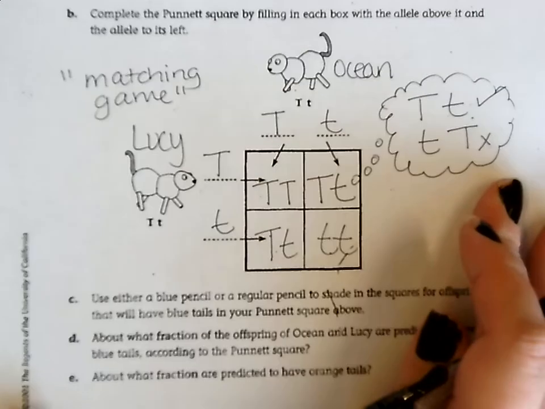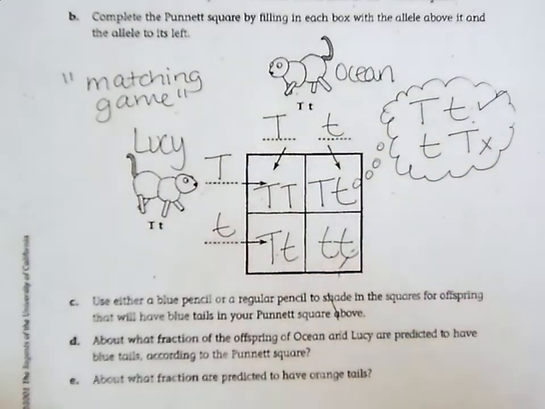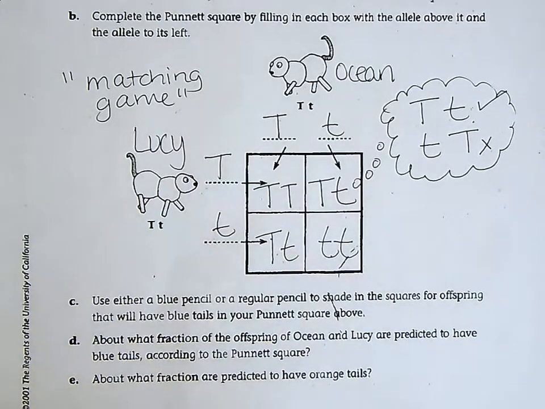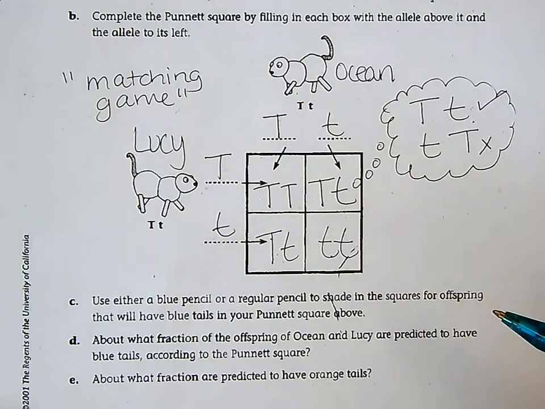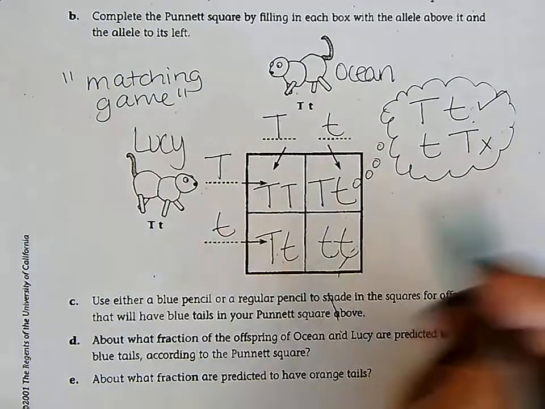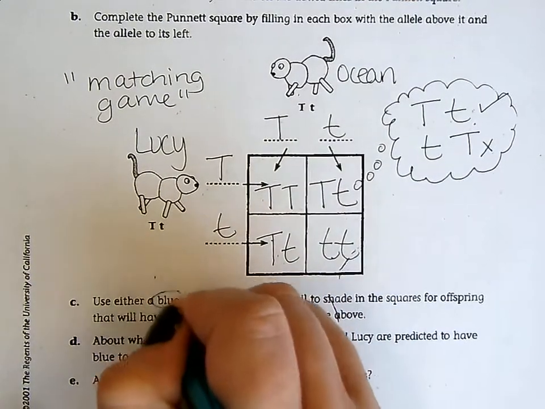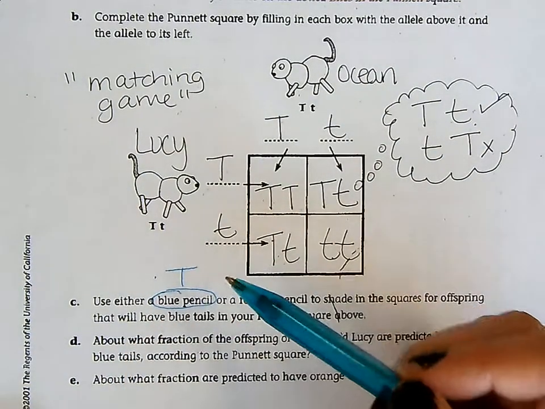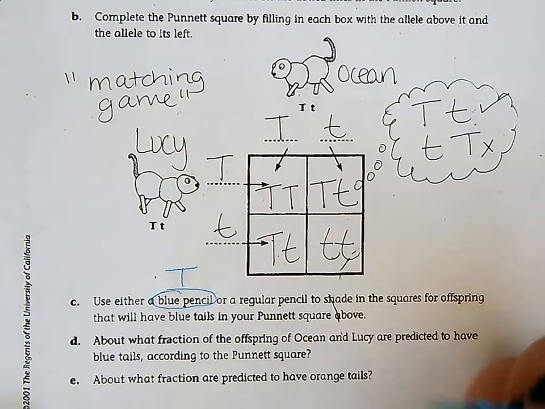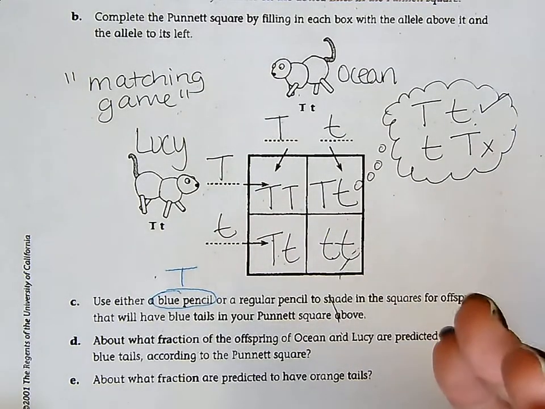So what do we have to do with our Punnett square? It says use either a blue pencil, I'm going to use a blue pen, or a regular pencil to shade in the squares for the offspring with blue tails. Well, remember, the blue tail is that dominant trait. So if that dominant trait is apparent, then it's going to outshine or mask that recessive trait.